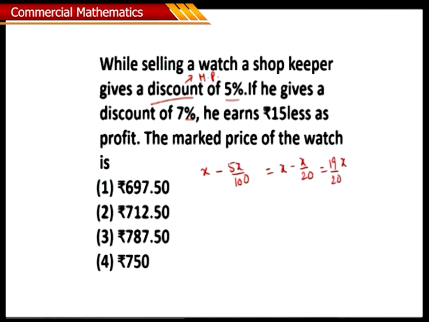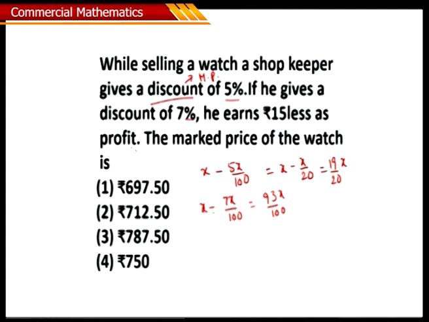So this is when the discount is 5%. On the other hand, suppose a 7% discount is given, then the selling price becomes 93x by 100.